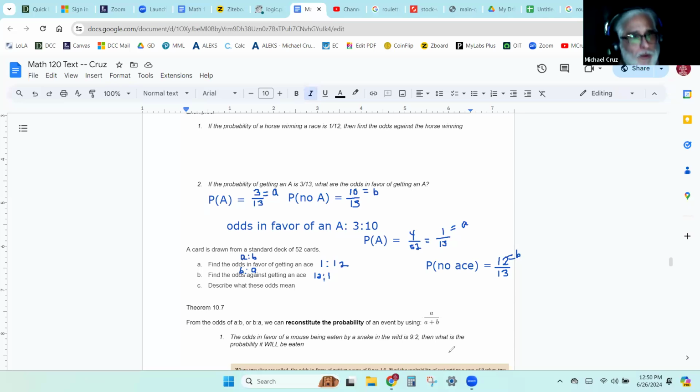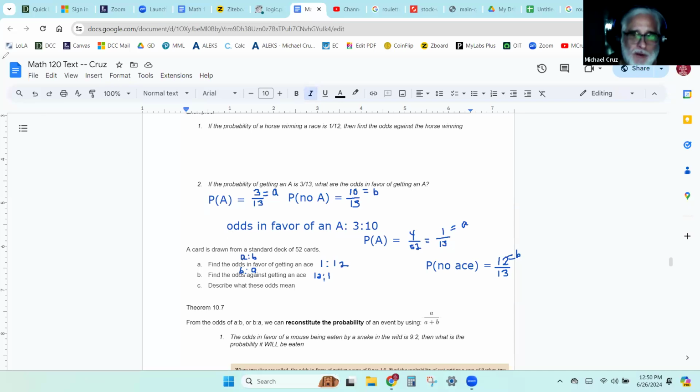And 1 and 12 make up 13, which is the total number of trials we're running, so to speak. The total number of cards they're pulling out on average. So that's all that odds means. So the ratio of odds in favor is wins to losses, odds against, losses to wins.